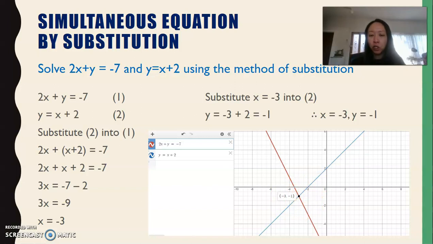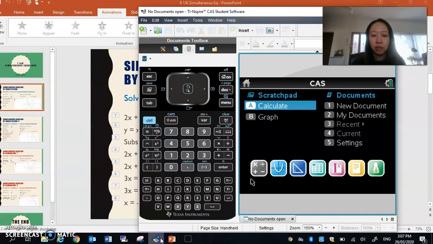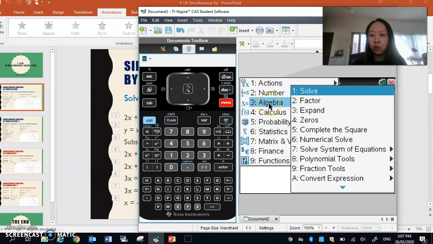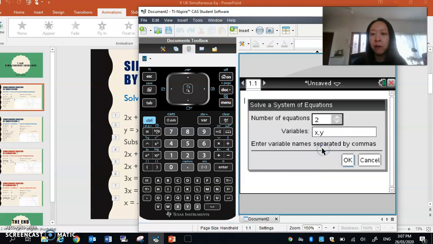I will also show you how to solve this using the TI-CAS calculator. If you pick the calculator software, go to menu, then algebra, and solve system of equations, we choose the first option, which is solve system of equations. We have two equations with the variables x, y here.